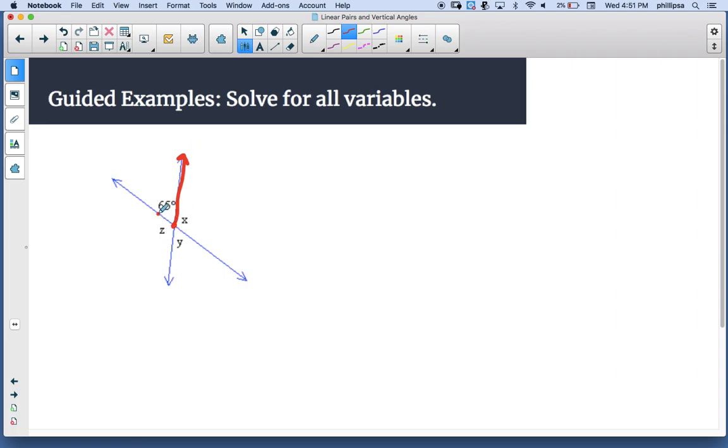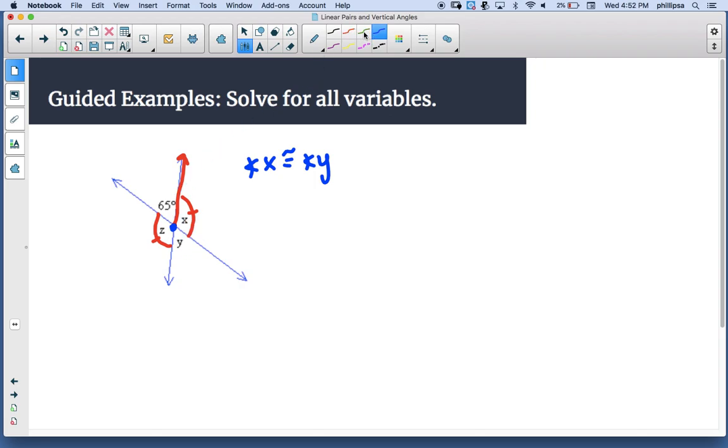As opposed to 2 angles like, let's say, Z and X, which may have a common vertex down right here, but because they do not share a common side, they are non-adjacent angles, and so X and Y would be considered vertical. Now I know that angle X would be congruent to angle Y, so if I knew one, I would definitely know the other. The problem is I don't know either.